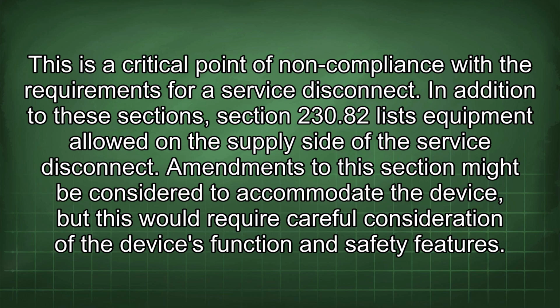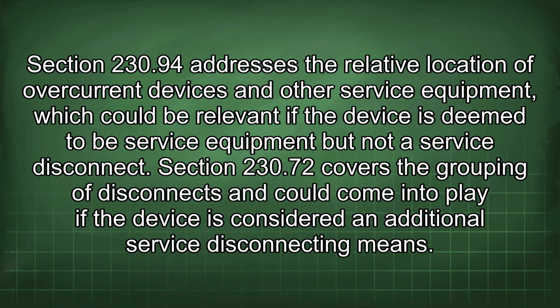Amendments to this section might be considered to accommodate the device, but this would require careful consideration of the device's function and safety features. Section 230.94 addresses the relative location of overcurrent devices and other service equipment, which could be relevant if the device is deemed to be service equipment but not a service disconnect.